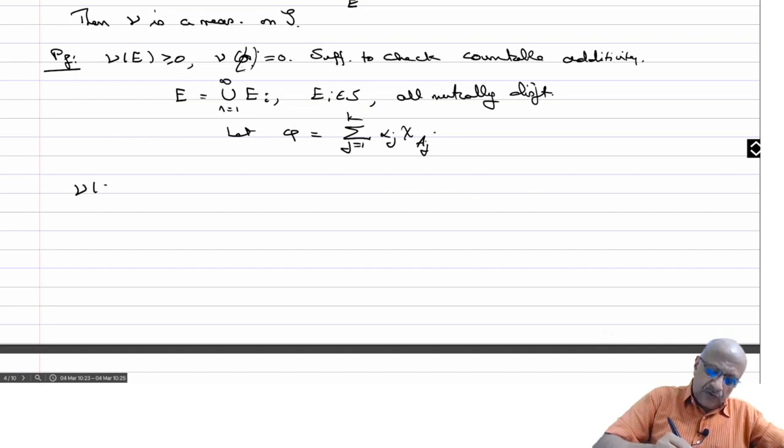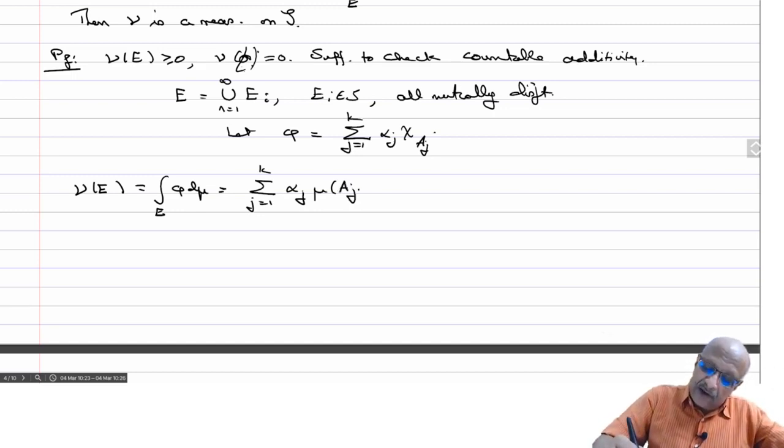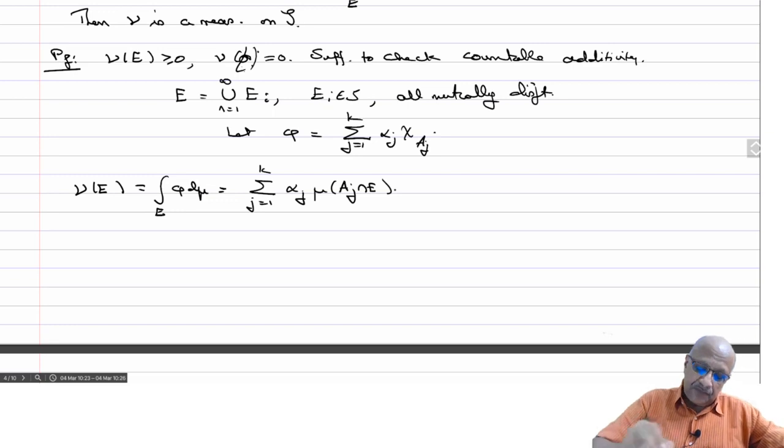So what is nu of E? Nu of E is, by definition, the integral over E of phi d mu, and that equals the sum over j equals 1 to k of alpha_j mu of A_j intersection E. That's the definition of the integral over E.